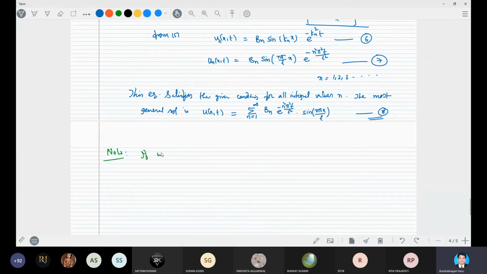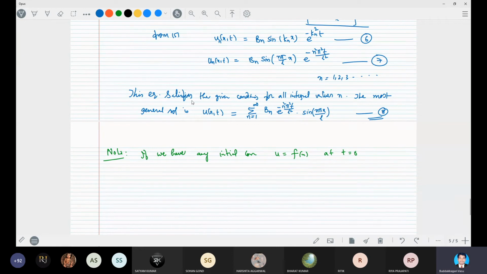If we have any initial condition, say u = some function of x at t = 0, I'm just taking u for your understanding of the problem.